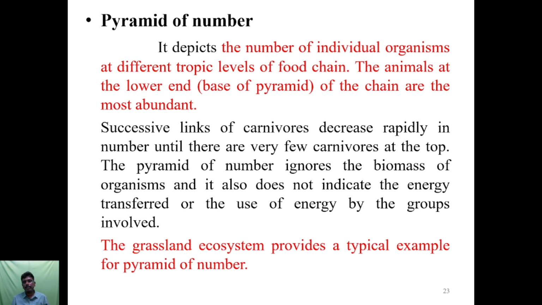It depicts the number of individual organisms at different trophic levels of food chain. The animals at the lower end, the base of the pyramid of the chain, are the most abundant. For example, already we saw in the pyramid, the base level, grasses occupy the more abundant space in the pyramid.